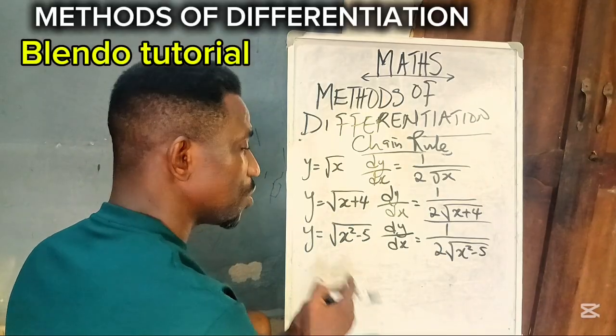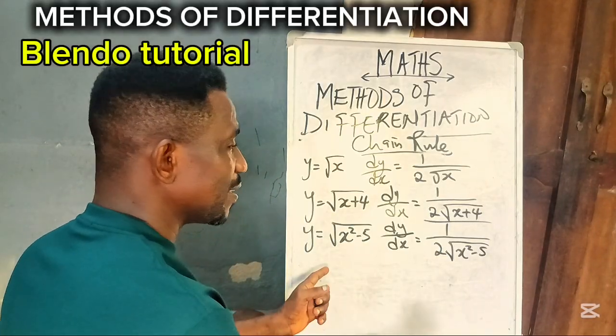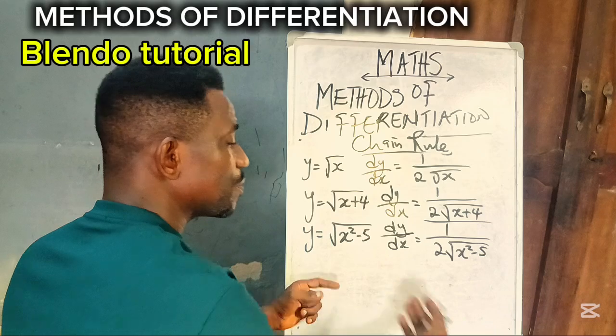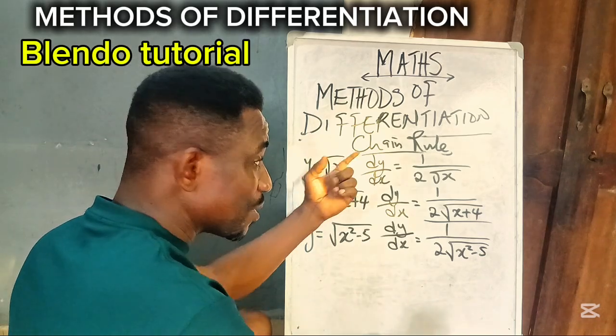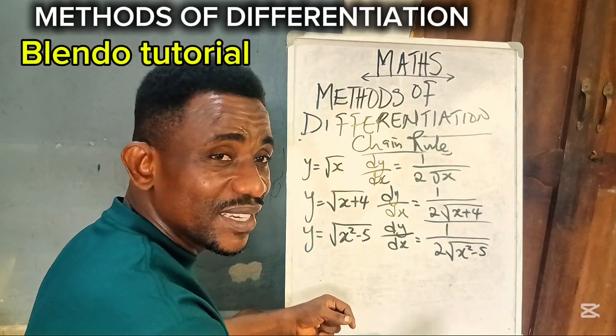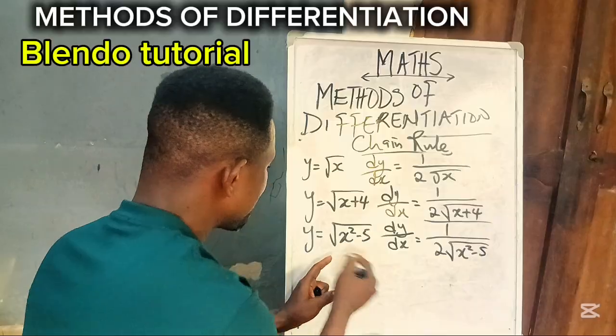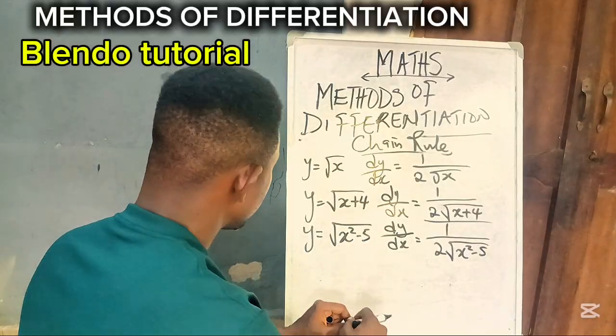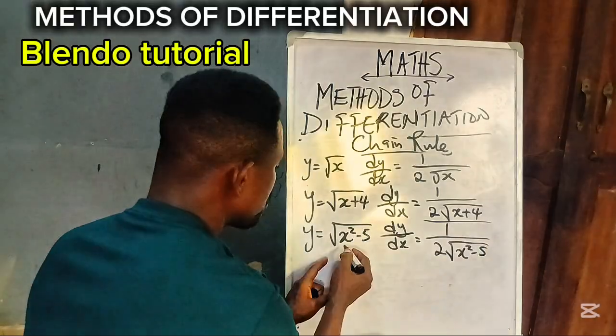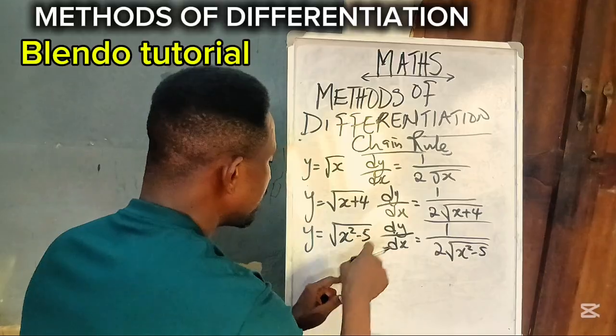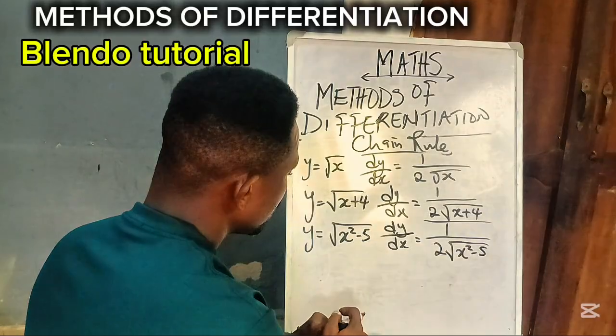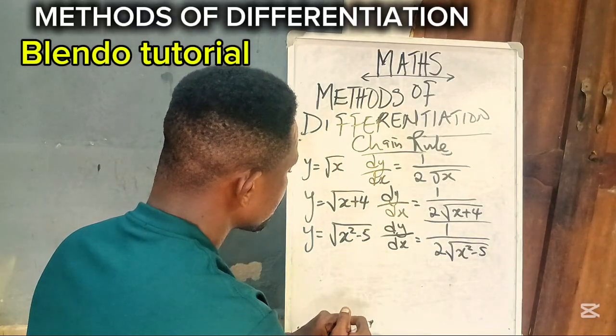We are applying chain rule. But as you can see, we have solved 3 questions without actually using chain rule. Now, differentiate x squared, you have 2x. Differentiate 5, you have 0.